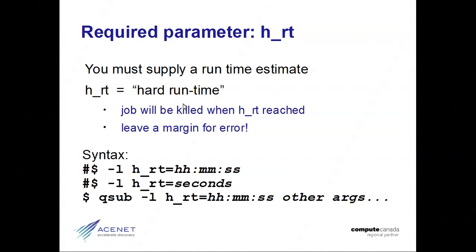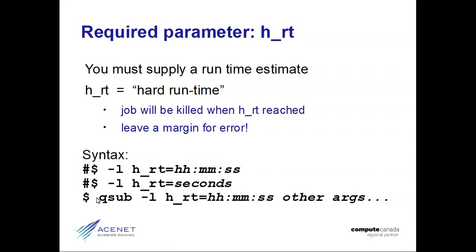And if it hasn't finished by itself by then, if the calculation hasn't stopped and the script exited, all great. If it's still running, then the scheduler will kill the job at the point that h_rt expires. So that's why it's important that you leave some sort of margin of error on your estimate for h_rt.